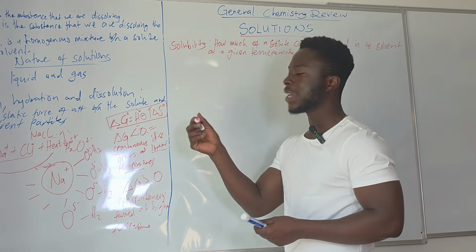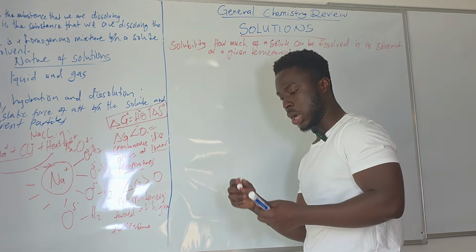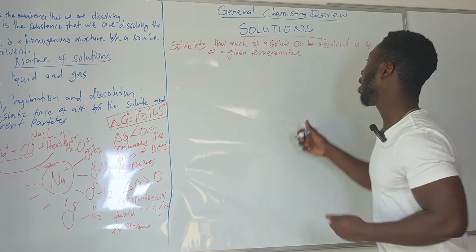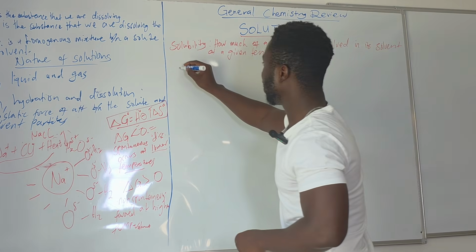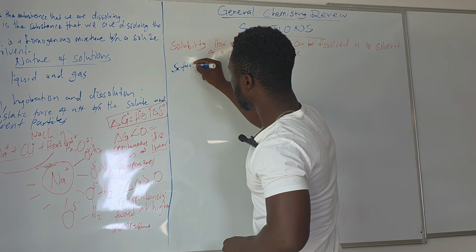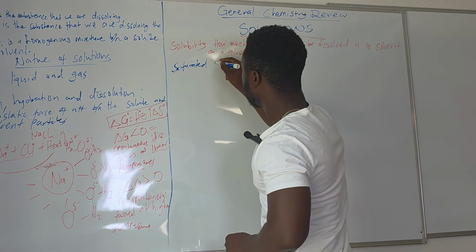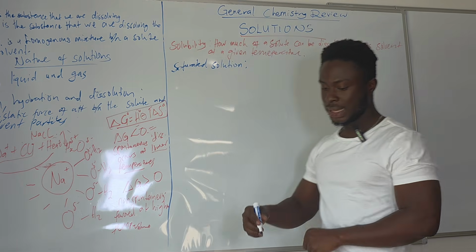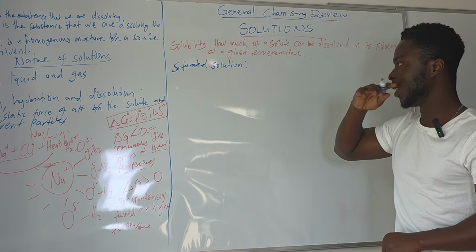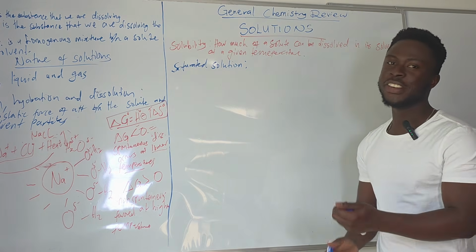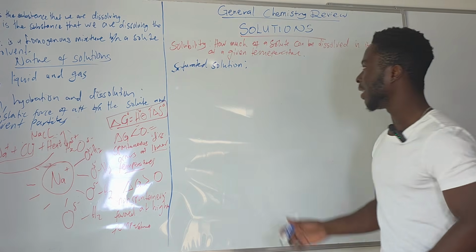Yes. So when it has dissolved the maximum amount of solute it can dissolve, we call the solution saturated. So, a saturated solution is just a solution that cannot dissolve any more of its solutes at that given temperature.